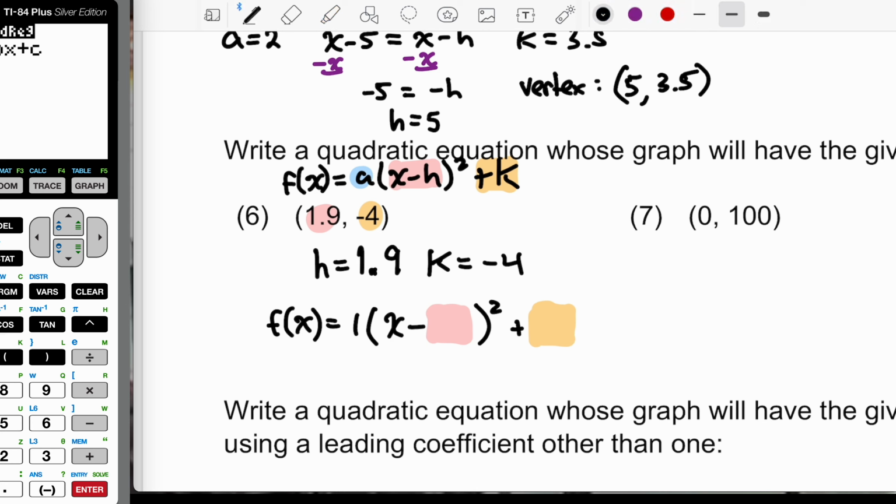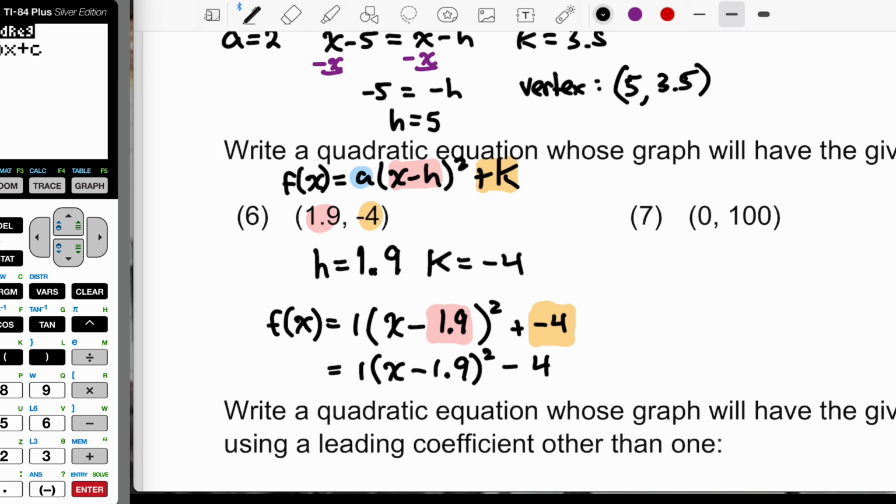All right, when I put the h value of 1.9 in, now it went from being positive as an h value to negative as part of the binomial. Then I'm directly substituting the -4. I can clean it up a little bit. And get this equation.